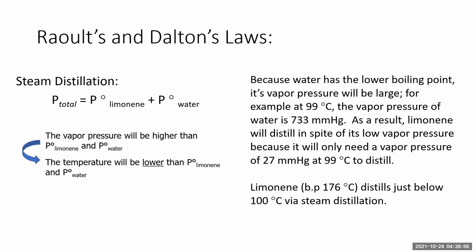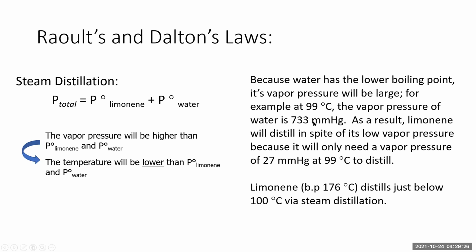So because water has the lower boiling point compared to limonene, its vapor pressure will be quite large at any given temperature. For example, at 99 degrees Celsius, the vapor pressure of water is 733 millimeters of mercury. As a result, limonene will distill in spite of its low vapor pressure, because it will only need a vapor pressure of 27 millimeters of mercury at 99 degrees Celsius to distill.